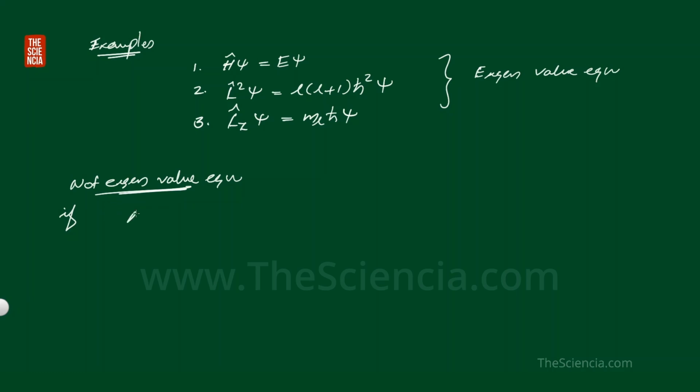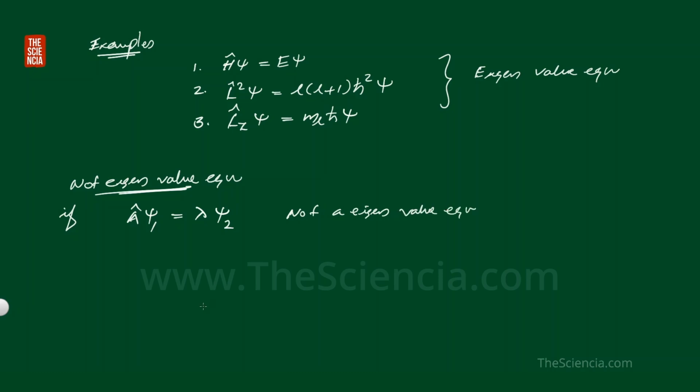That is, if an operator operates on a certain state psi 1, it will give some measured value, that is lambda, and give another state. So after measurement, the state of the system is changed to psi 2 from psi 1. So this is not an eigenvalue equation.